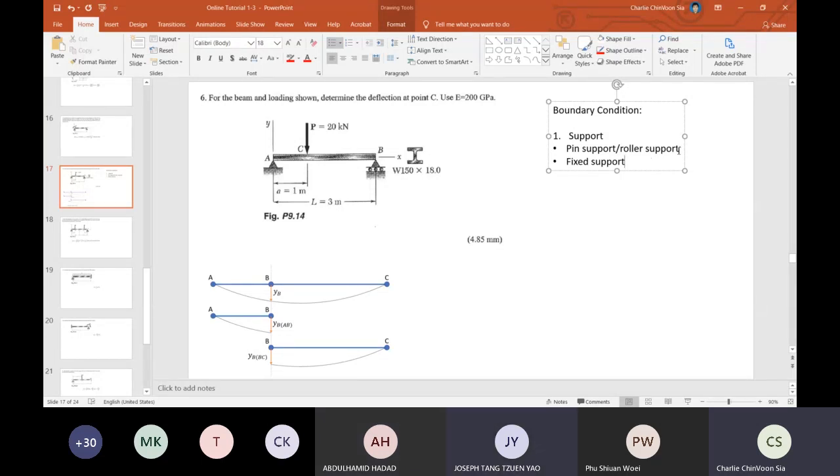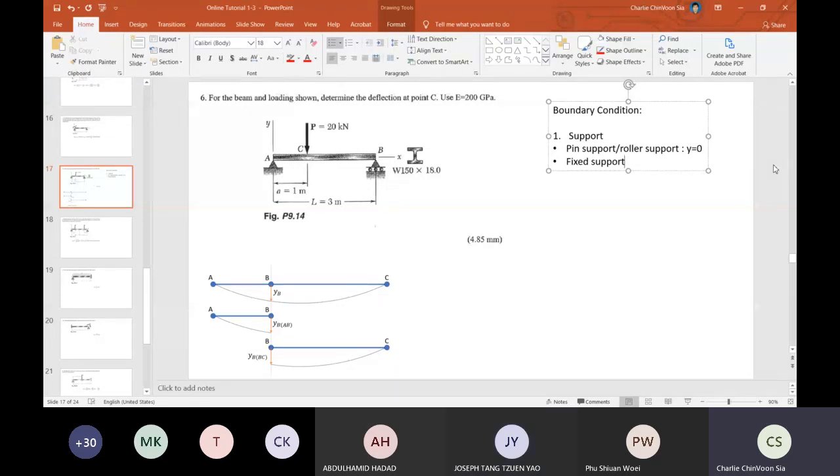For the roller support, y equals to 0, which means if the support is a roller support or pin support at that particular point, y equals to 0.